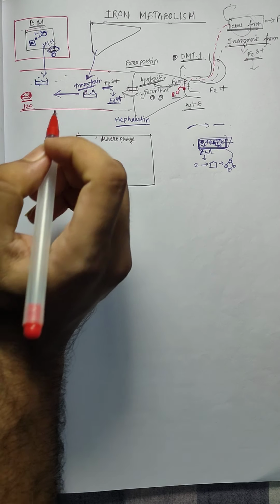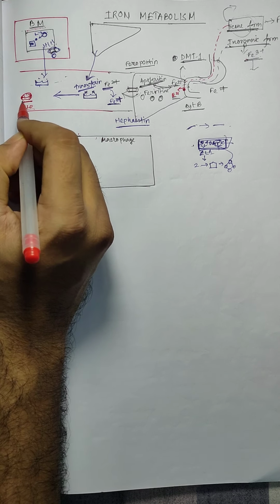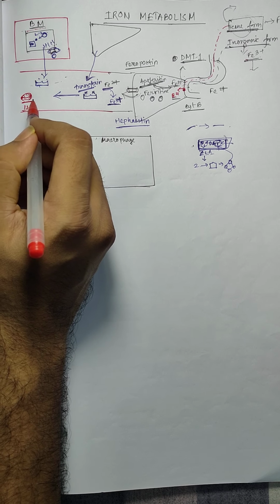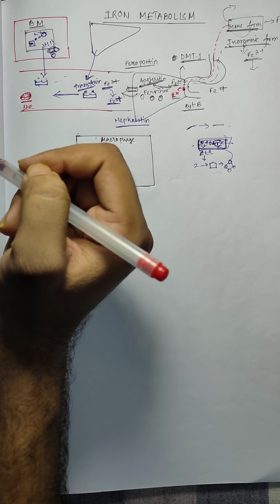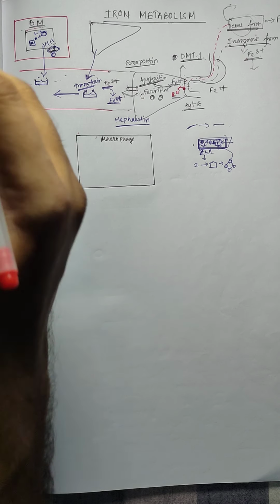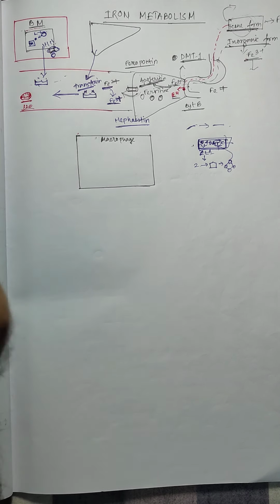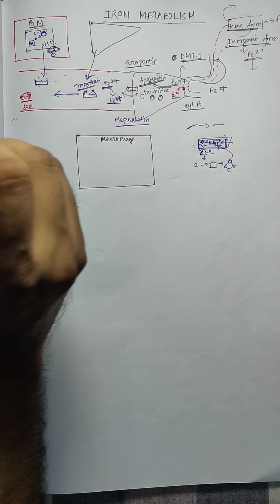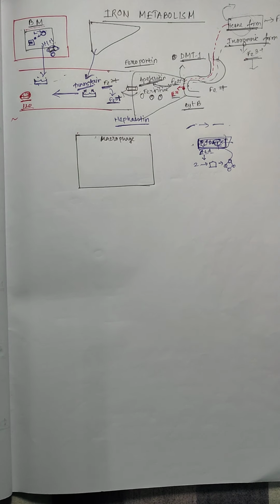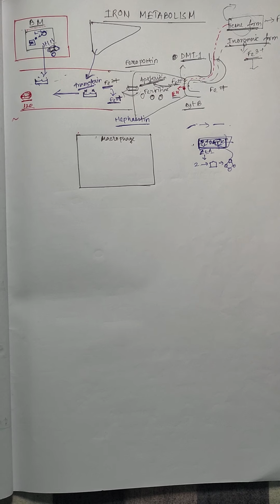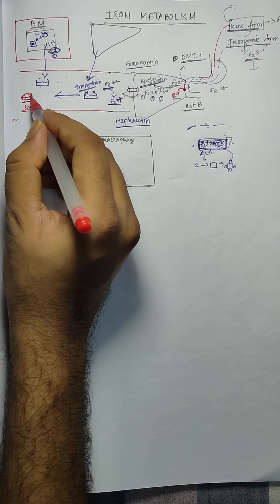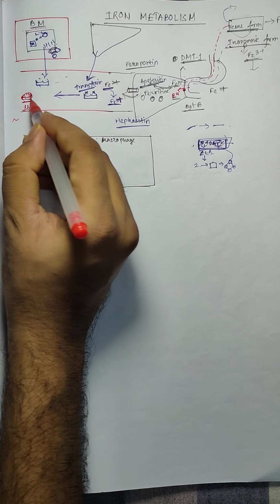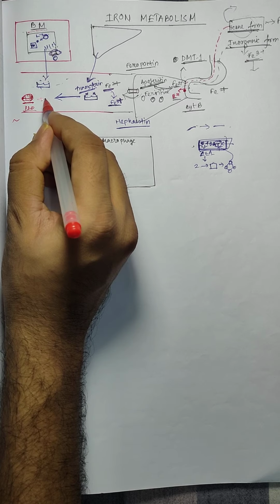Why? Because the RBC has no nucleus, so it cannot form its proteins, which are needed for its membrane elasticity. So after 120 days it becomes very brittle, and it cannot squeeze correctly.